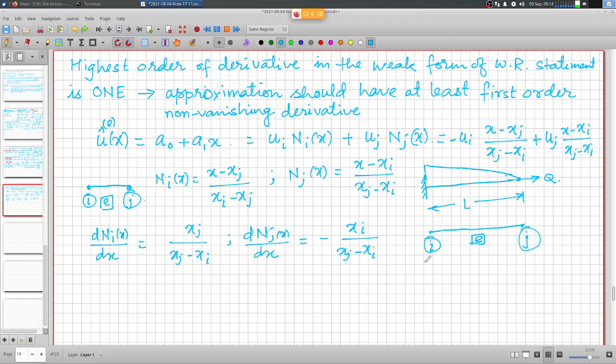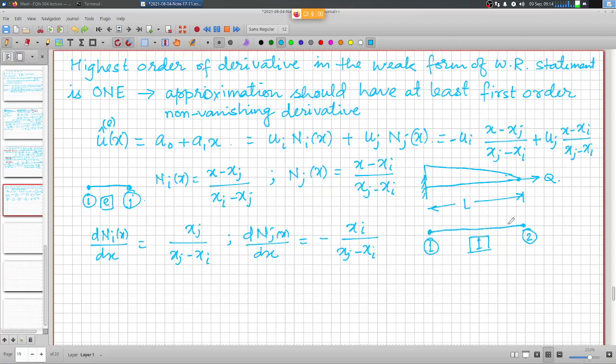So the entire domain is discretized, or the finite element, only one element is used to define the entire domain.